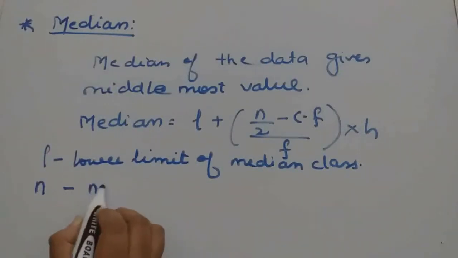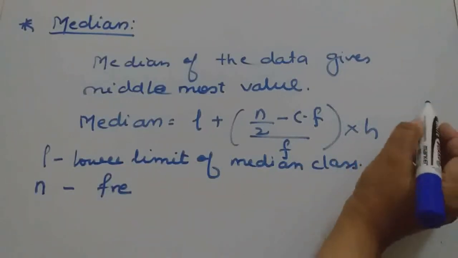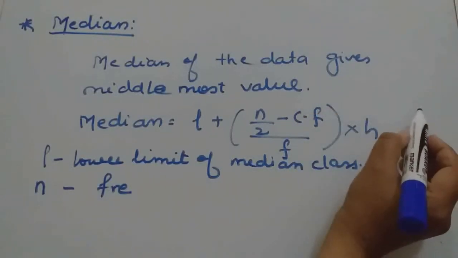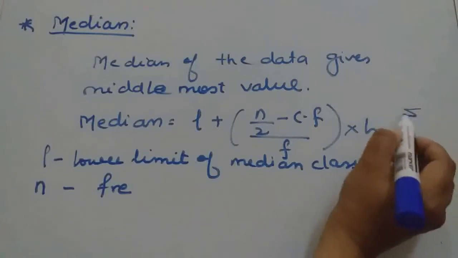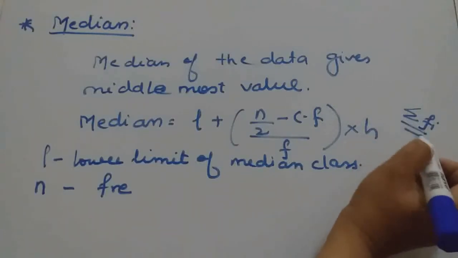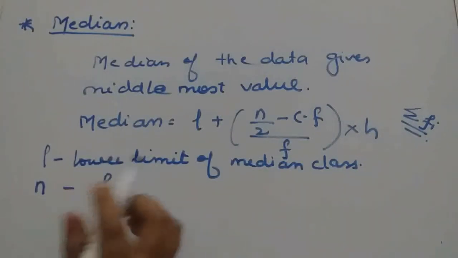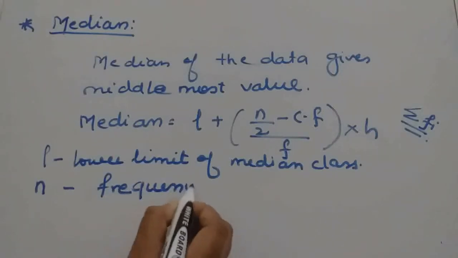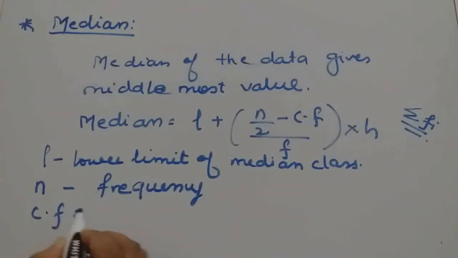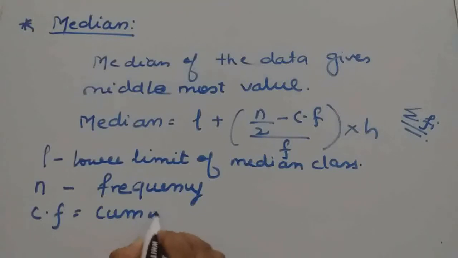N means the number of observations, or frequency, you can say. See, in previous examples to find mean and mode, we used to write sigma fi for the total frequency. So here n means that only, sigma fi. Then CF is cumulative frequency.